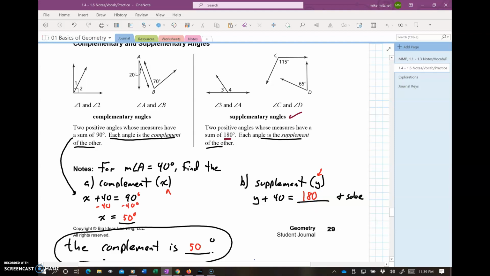Funny how I knew that, isn't it? And then you solve that equation. Minus 40, minus 40. y equals 140 degrees. So the supplement of angle A is 140 degrees.